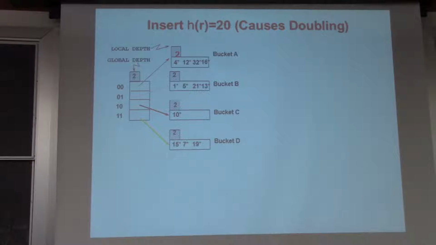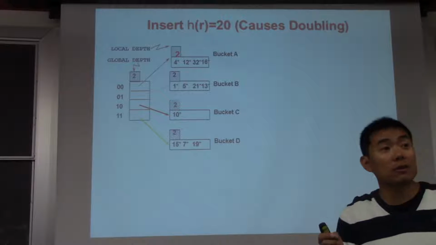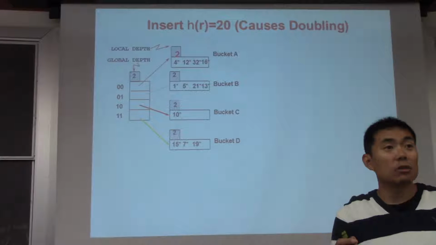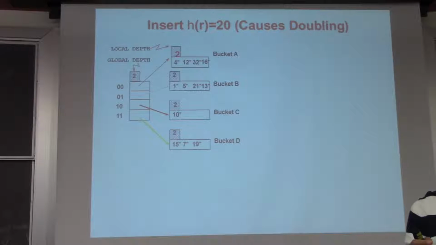So you go to the top bucket over there, and you increase the local depth, it becomes 3, which means you have to distinguish these entries by looking at the last 3 bits now instead of the last 2 bits. So the ones that stay on top should be 0, 0, 0. The ones that go to the other bucket should be 1, 0, 0.